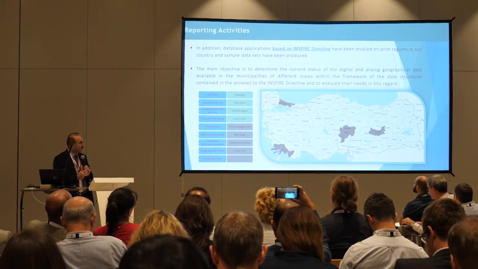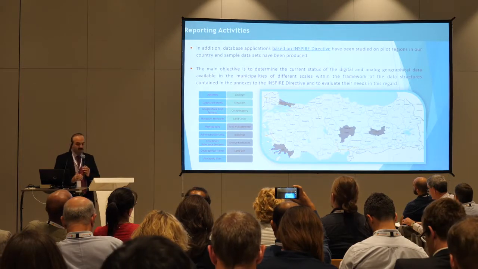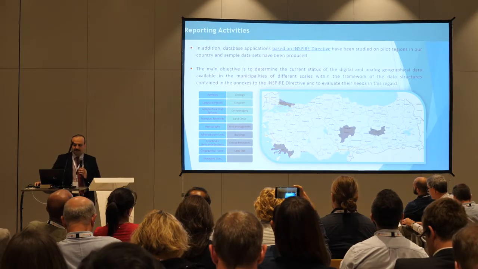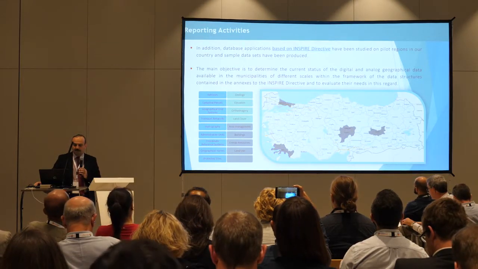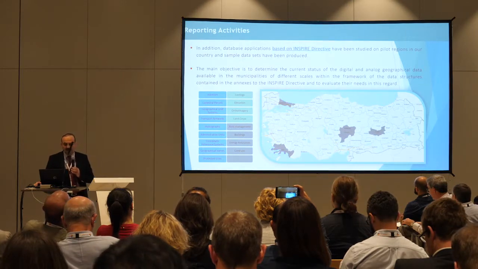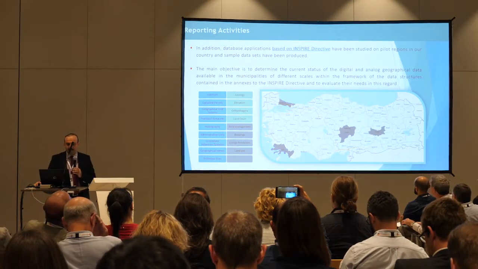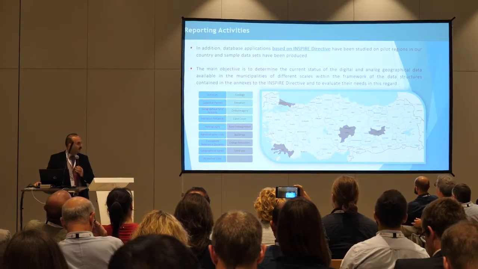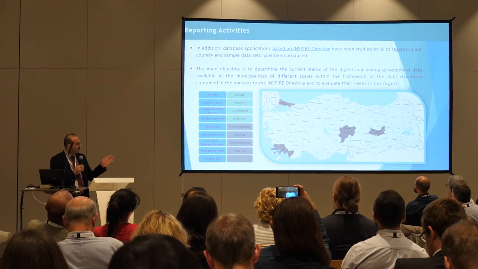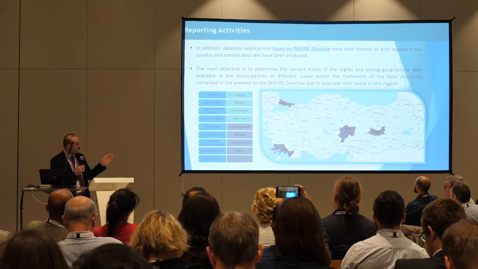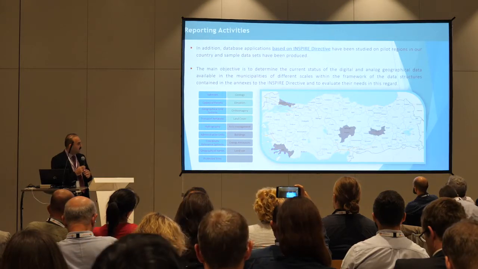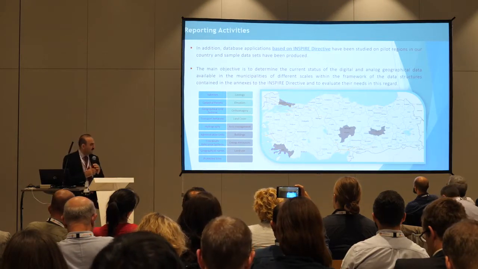You see, these are our pilot municipalities. The pilot municipalities were selected to cover as much as possible of the data and datasets defined in Annexes 1, 2, and 3 of the INSPIRE Directive. On a large scale, Kayseri; on a middle scale, we can say, Pendik municipality in the province of Istanbul; and a small-scale municipality is Elazığ.